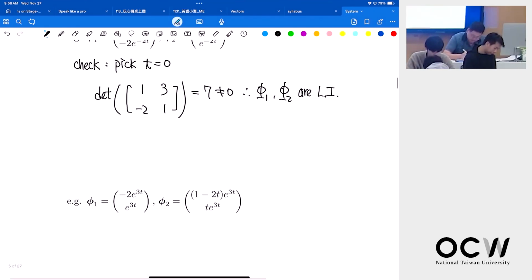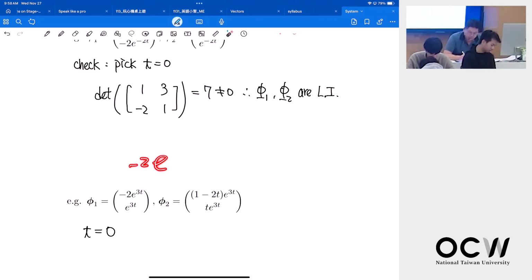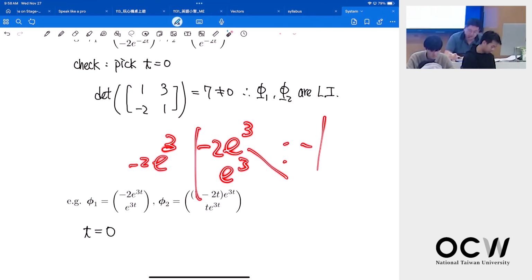Similarly, for this one, we let t equals 0. That'll be easier. You can also have t equals 1, but then you just put yourself in a complicated situation, because you have minus 2 times e to the 3, and something, and you need to find the determinant.